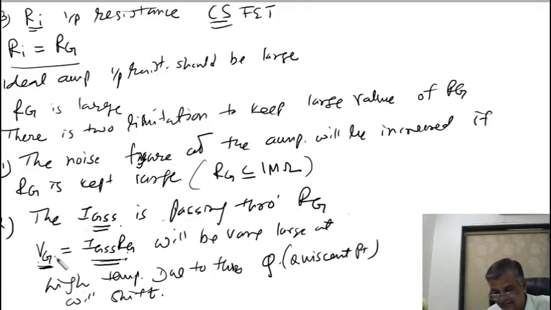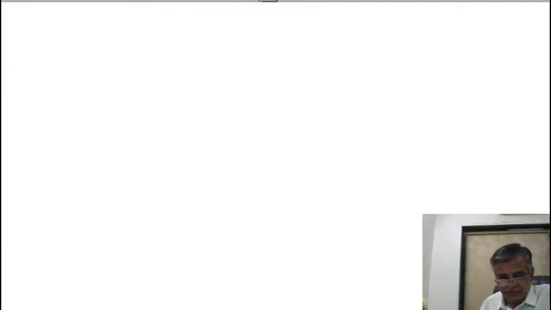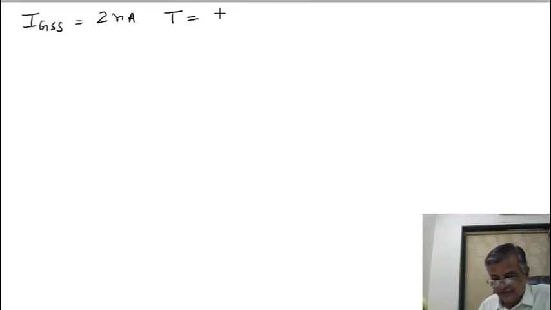We'll see this statement with some example, with some data. Suppose IGSS is 2 nanoampere at room temperature, say 25 degrees centigrade, and RG is 1 mega ohm.